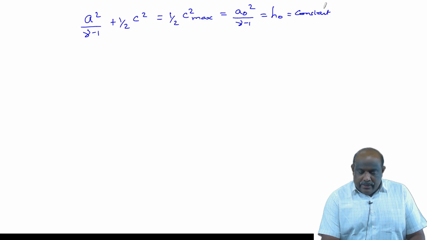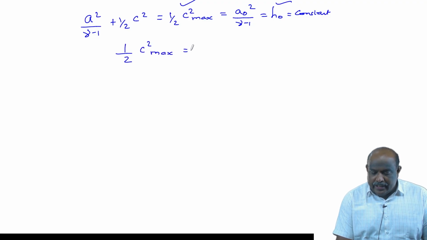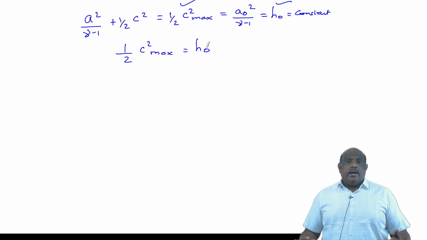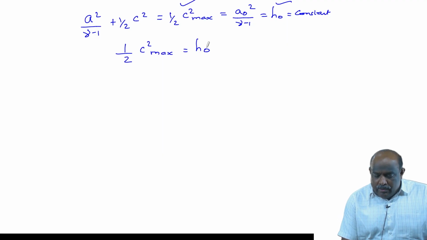Now I will take this term and this term, which means half C squared max equal to H naught. Because any two terms I can take and combine them because they are equal. So from this, C squared max equal to 2 into H naught.